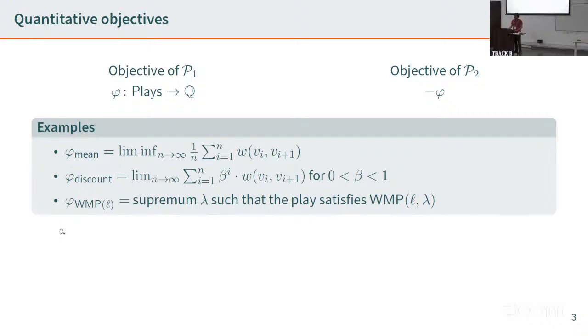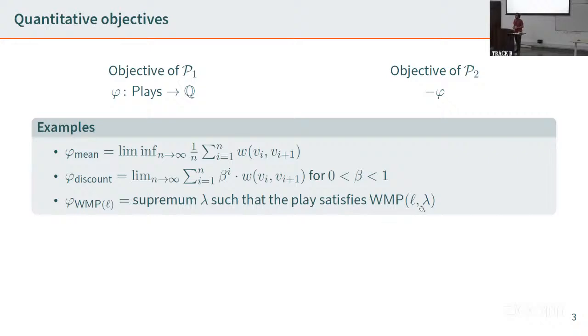And finally, here's phi WMPL. This is a quantitative objective defined in the following way. It's the supremum value of lambda such that the play satisfies window mean payoff L with threshold lambda.